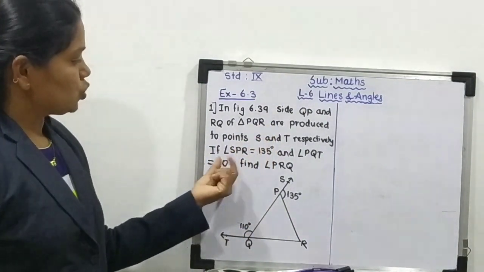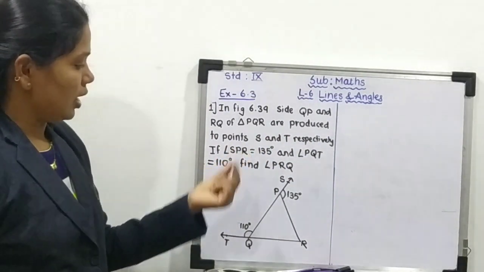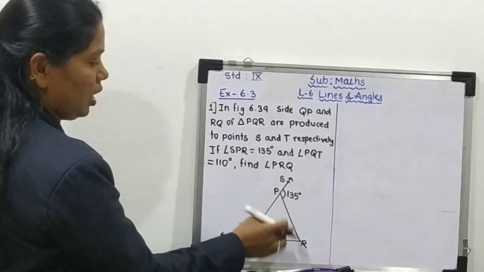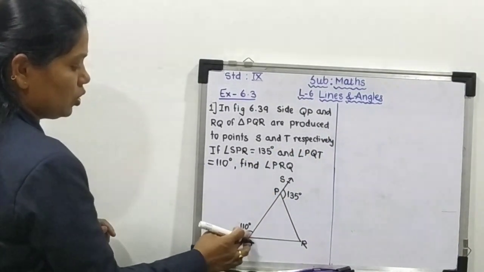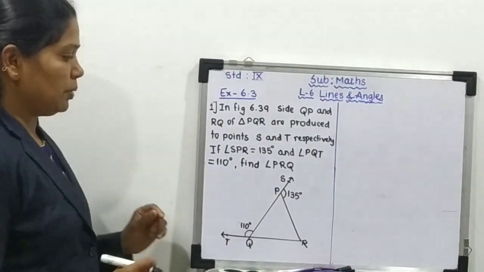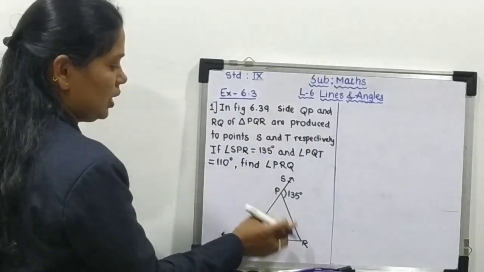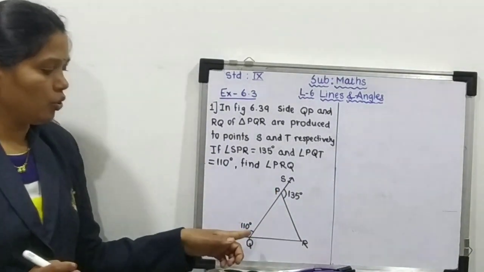If angle SPR is equal to 135 degrees and angle PQT is equal to 110 degrees, find angle PRQ. This is the angle we are going to find out.